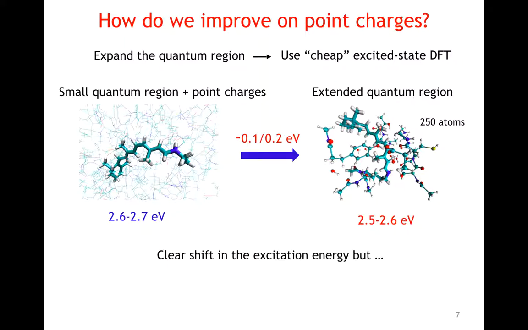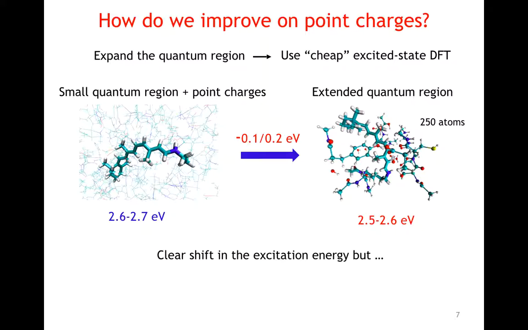And actually what we see is that there is a clear shift in the excitation. We go from a range of 2.7 eV roughly to more or less 2.5 to 2.6 electron volt. So we are improving the description of the environment, giving a fully quantum description of a reduced cluster.